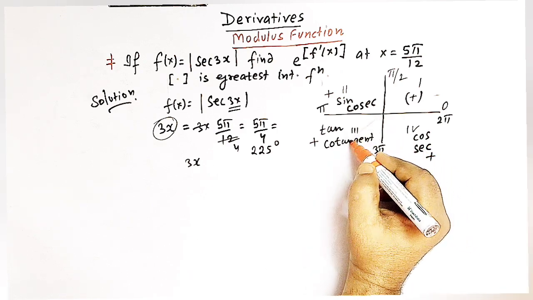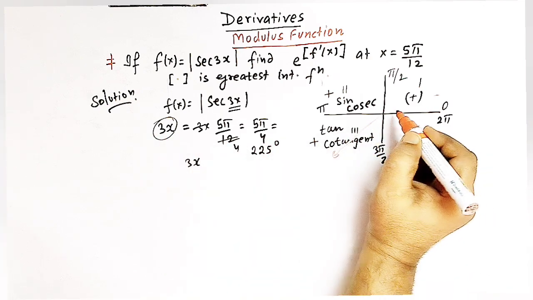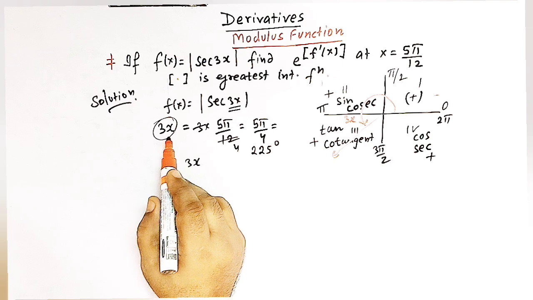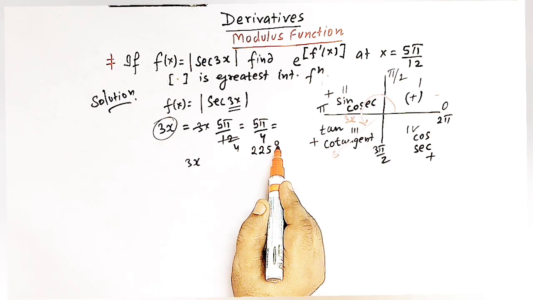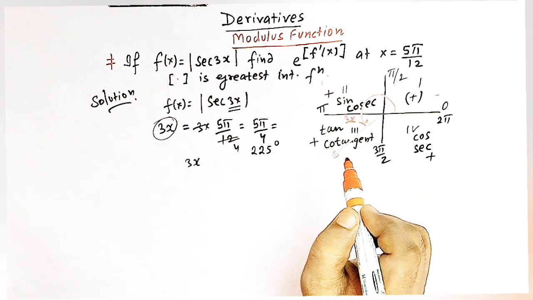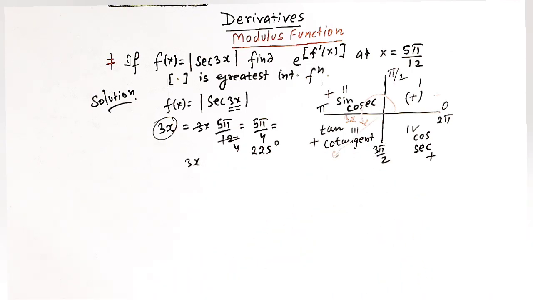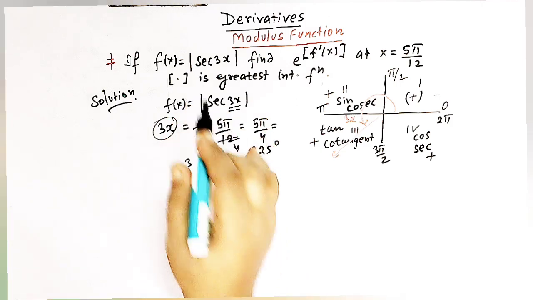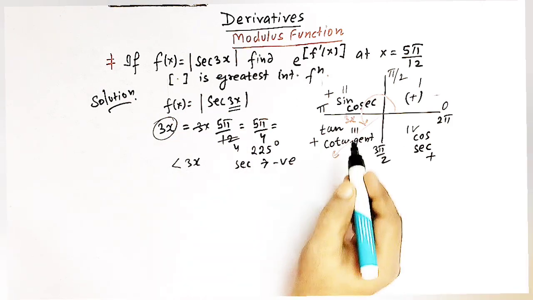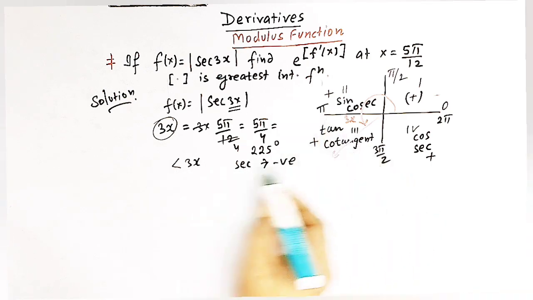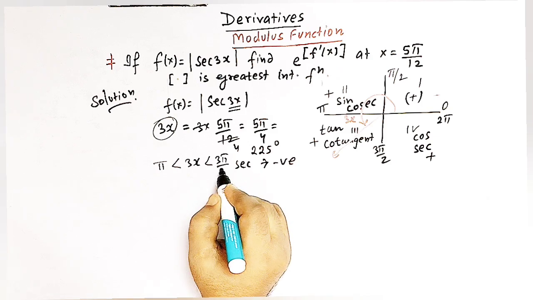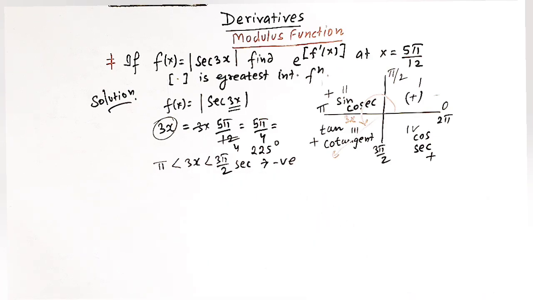So 3x is equal to 225 degrees at this point, and this angle falls in the third quadrant, and in the third quadrant the secant function is negative, right? So 3x lies in the third quadrant, that is 3x is greater than pi, but it is less than 3 pi by 2. So the secant function is negative.